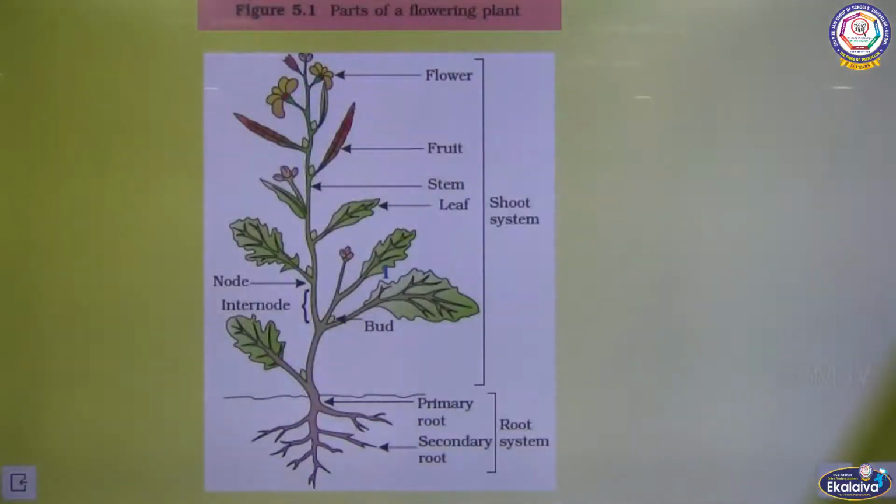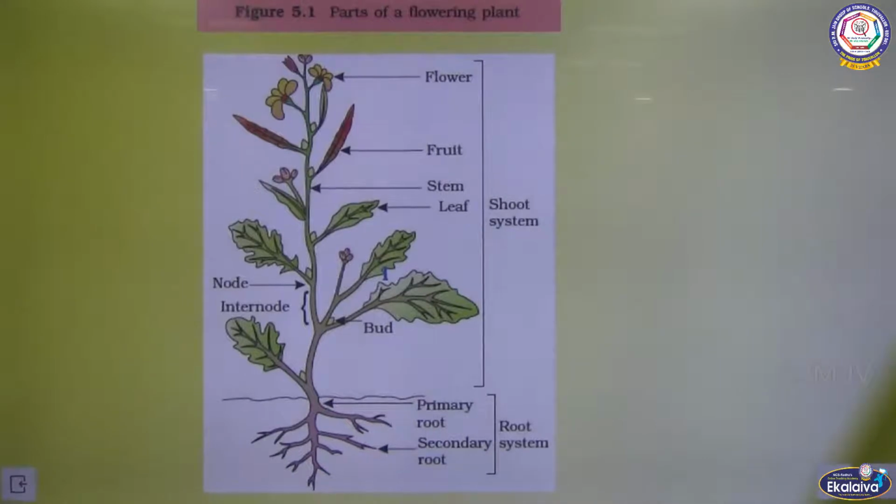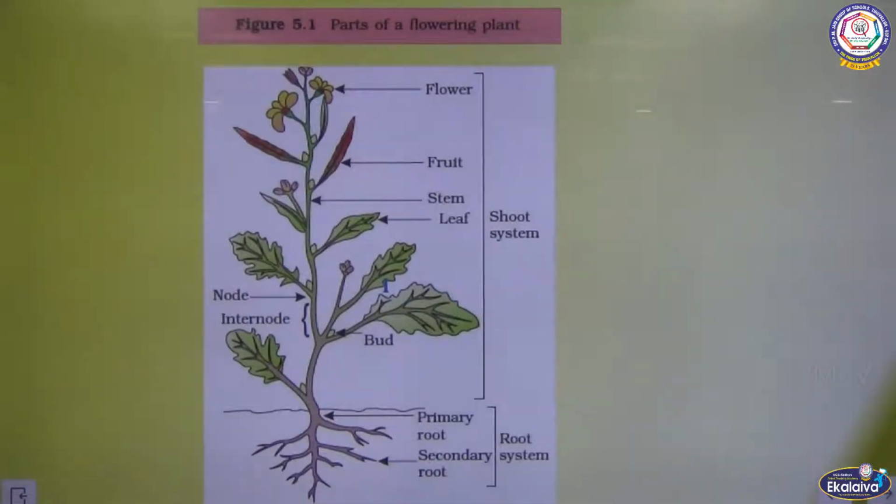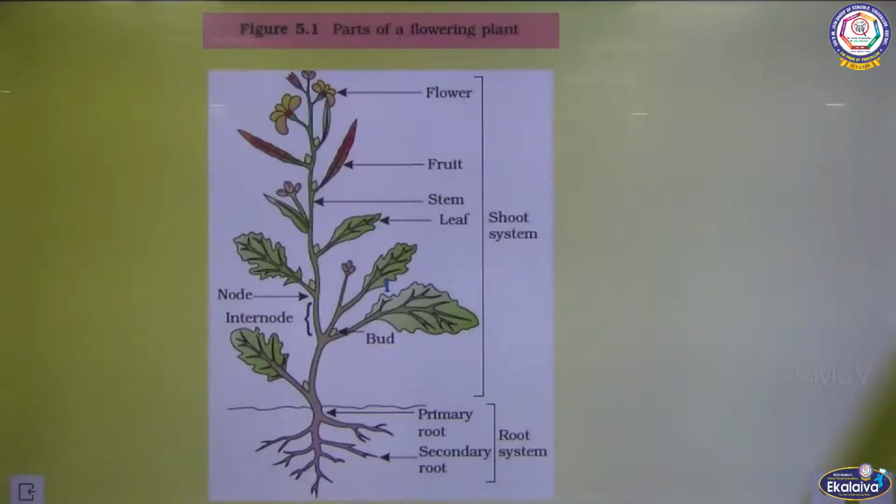Now, if we look at the parts of a flowering plant or an angiospermic plant, you will find that the plant has a system called the root system, which is non-green, cylindrical, the descending axis of the plant that usually grows into the soil. And the one which is above, erect, aerial, is what we call the shoot system.